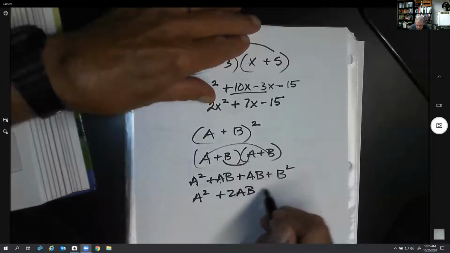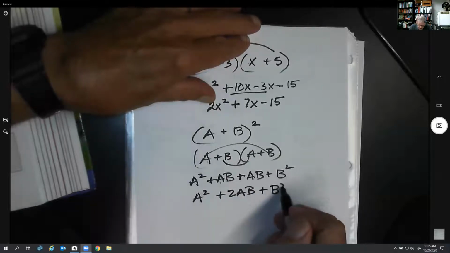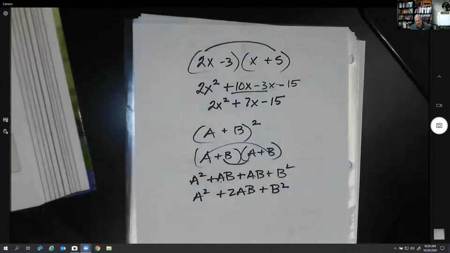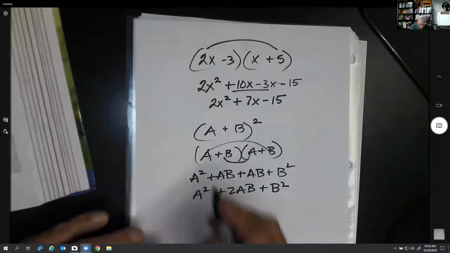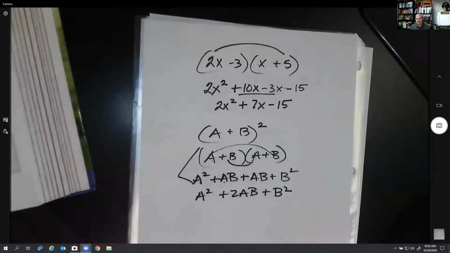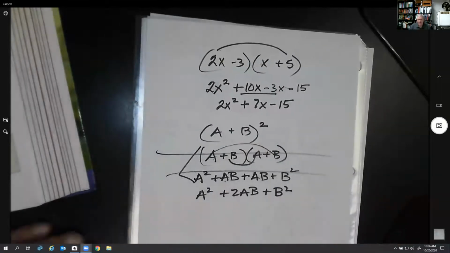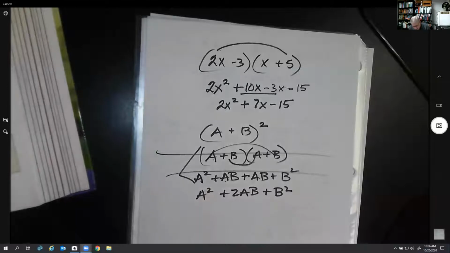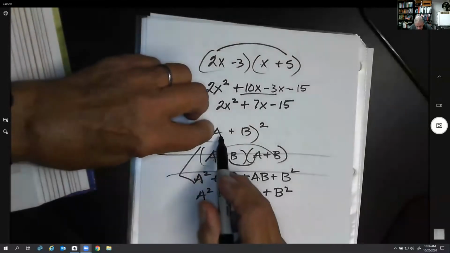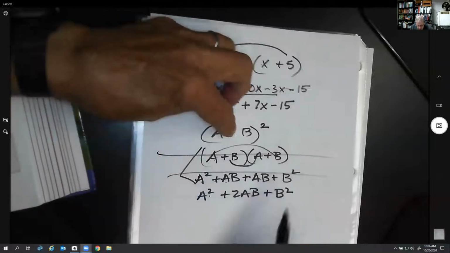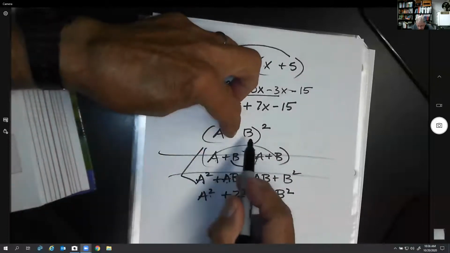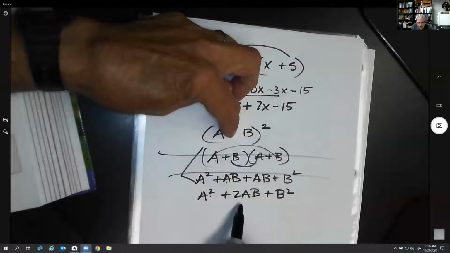So math people look at this and they say to themselves, is there a way I could do this faster? What if I could eliminate these two steps? Just not do them. So a way I could do this is I look at this thing and I say, well, this first term was squared. And then it looks like I multiplied a times b and I doubled it.